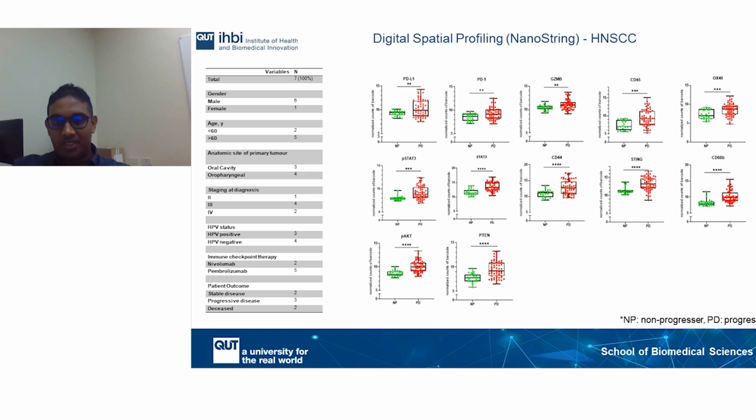So CD44, STING, CD66, phospho-AKT, and PTEN. So now we're looking at these markers at a greater depth and really trying to understand spatially where they are and what other cells are recruited within these regions. And PD1 and PD-L1 at the top of this graph here, and granzyme B.